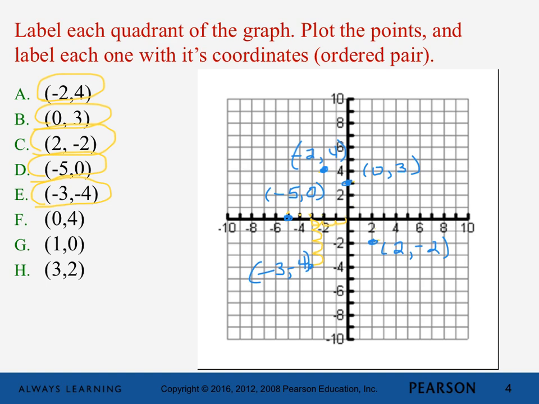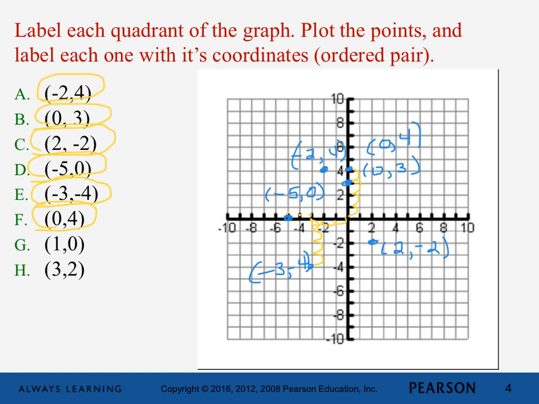And our next point is the point 0, 4. And so similarly to what we did with 0, 3, we're going to go up 1, 2, 3, 4 spaces. And that makes our point on the y-axis. And we have the point 0, 4.